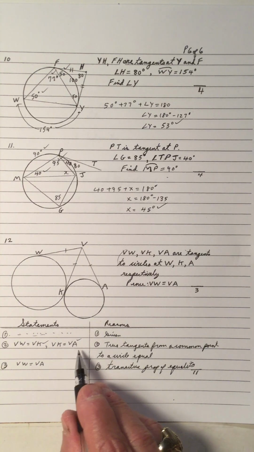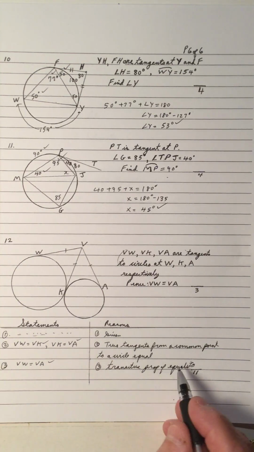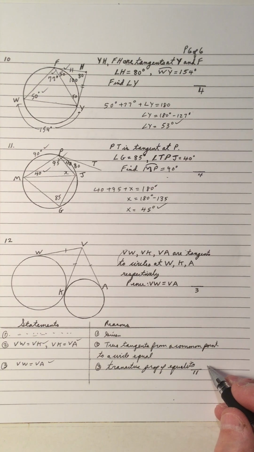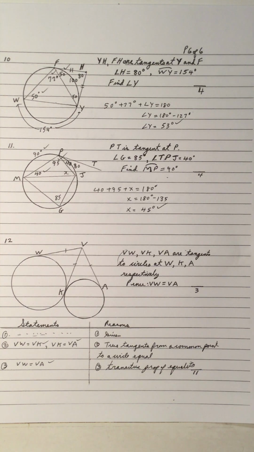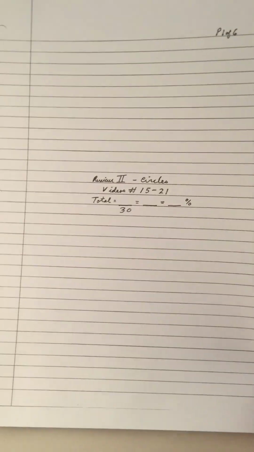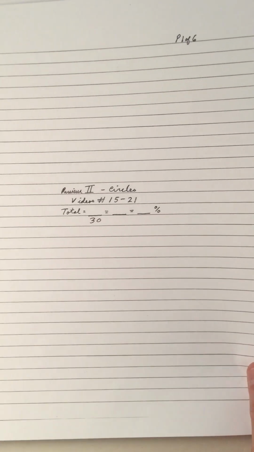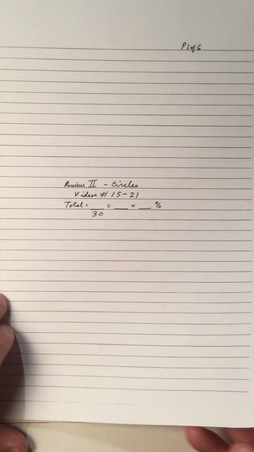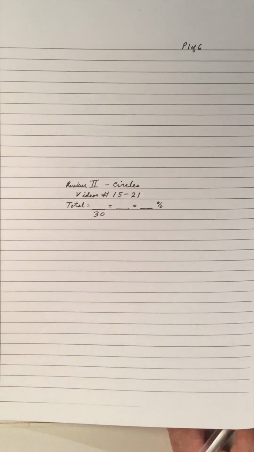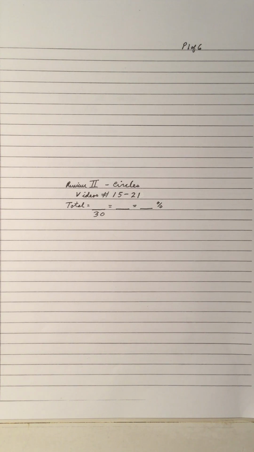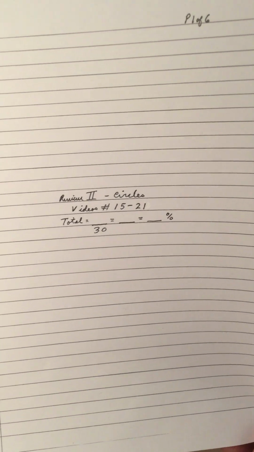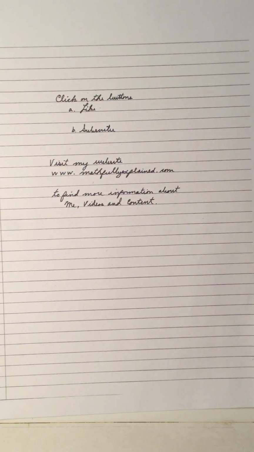So there's 2 marks here and a mark here, 3 marks altogether, and total for that page is 11. And hopefully everything went well. Total of all your pages, put it over 30, convert it to a percentage. Hopefully you understand the information, the concepts, properties from videos 15 to 22.